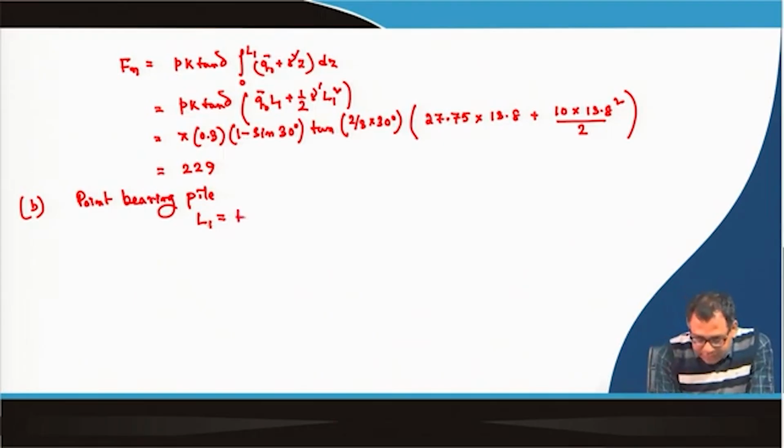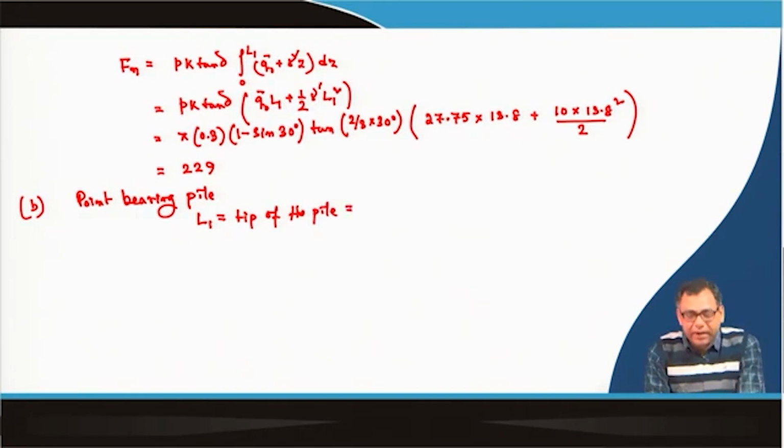So, for point bearing pile the neutral point is at the tip of the pile. So, that means the total pile length is giving negative skin friction, but the tip resistance is so high that it will counterbalance the negative skin friction, because it is a point bearing pile.